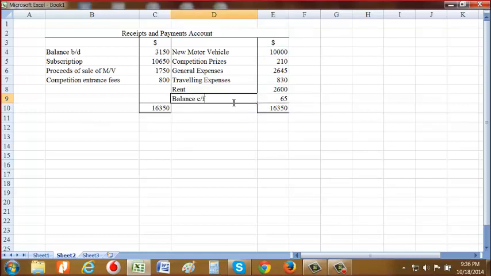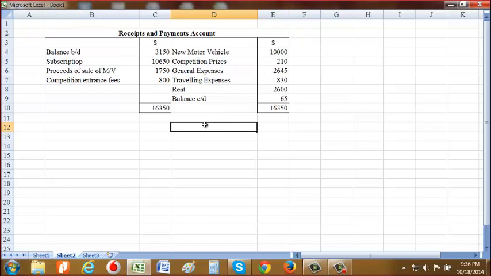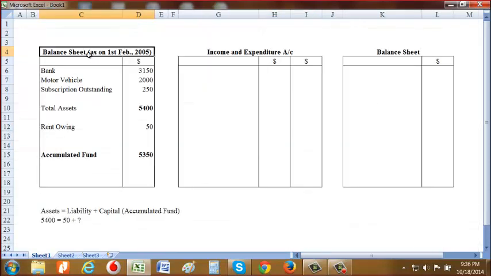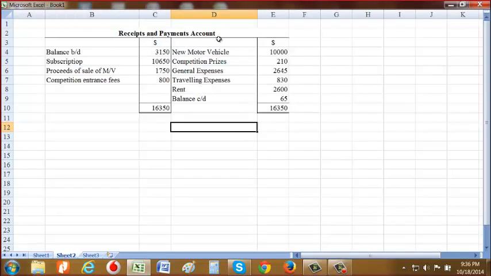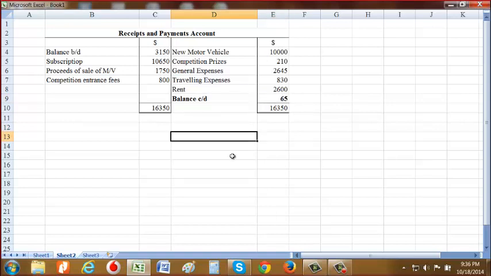Balance carried down. So we have prepared the receipts and payments account also. Understood? First I prepared the opening balance sheet to know the accumulated fund. Then I completed this receipts and payments account to know the closing balance. We will be using this closing balance later on.